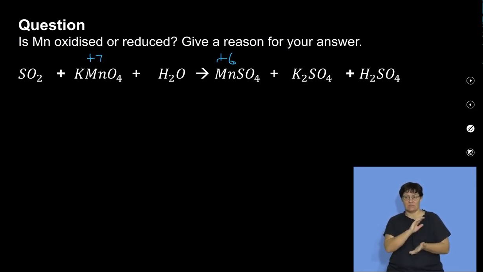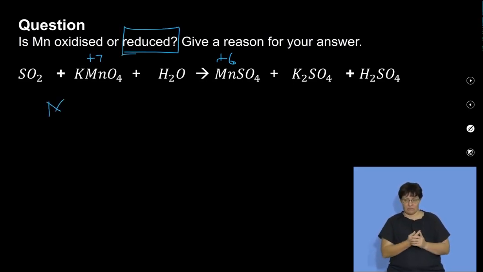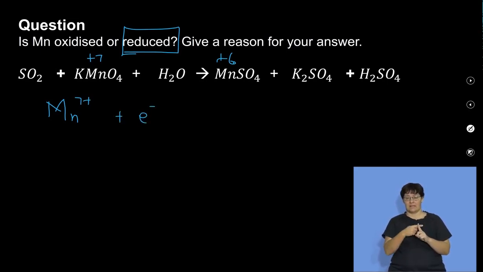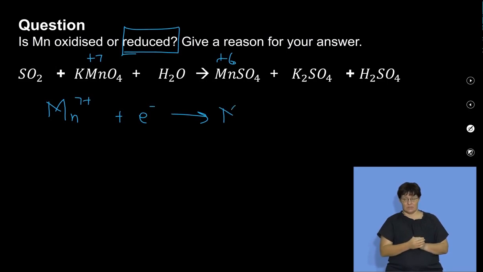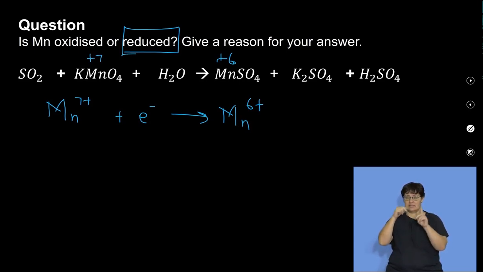The oxidation number has decreased, so manganese is reduced. We can represent this as manganese +7 plus an electron giving manganese +6. It has been reduced because it has gained electrons.